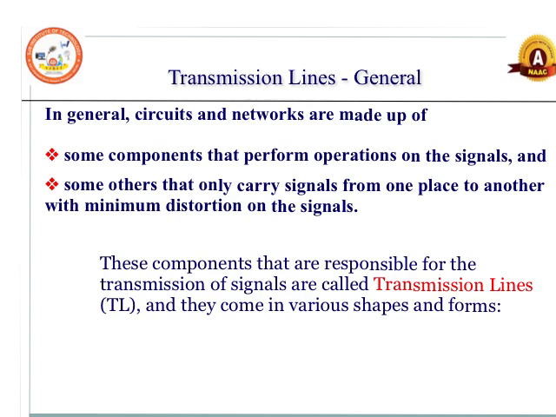The transmission lines are the components responsible for the transmission of the signals. They consist of components which perform some type of operation on the signals, or just carry the signal from one place to another with minimum distortion. And these transmission lines come in various shapes and forms.